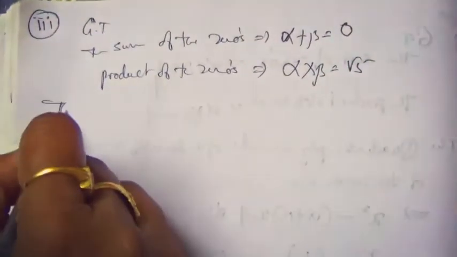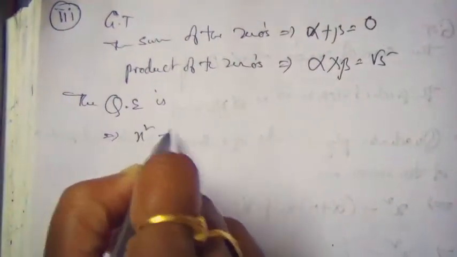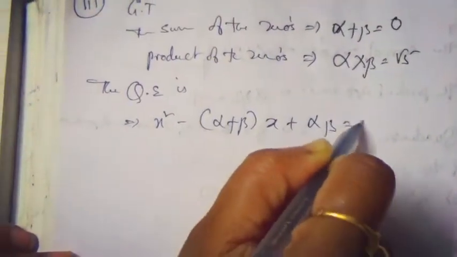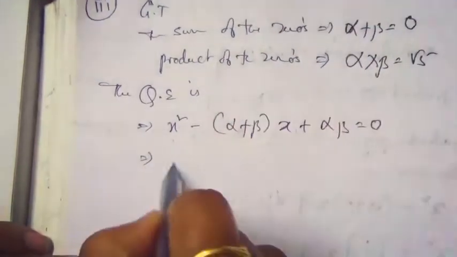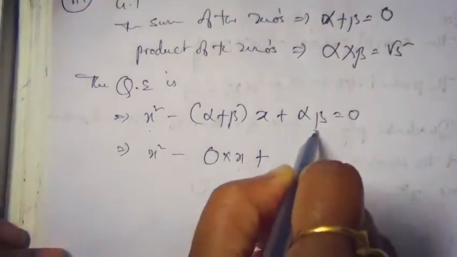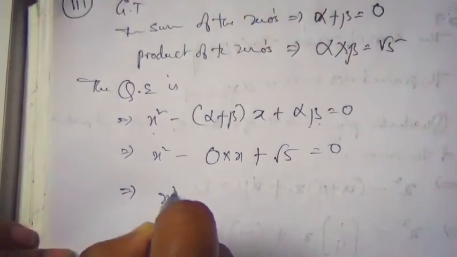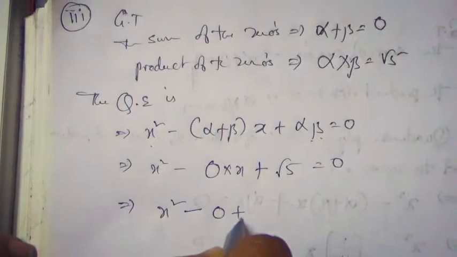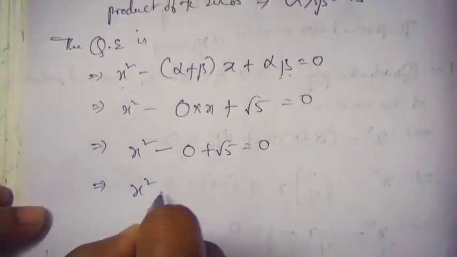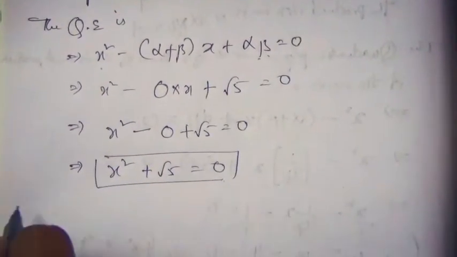The quadratic equation is x square minus alpha plus beta into x plus alpha beta is equal to 0. That implies x square minus 0 into x plus root 5 is equal to 0. That implies x square plus root 5 is equal to 0. It is the final equation.